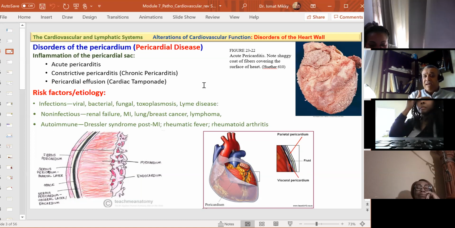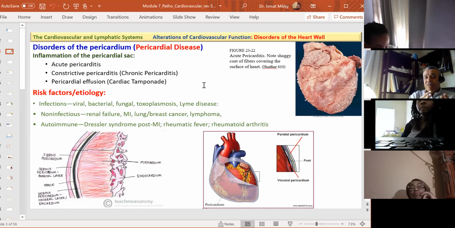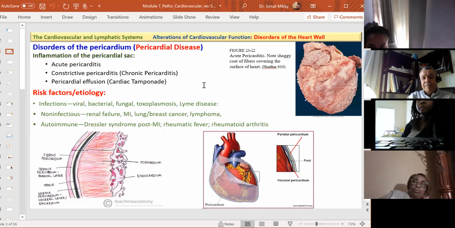Now, the risk factors can be infectious or non-infectious. The infections include viruses, bacteria, fungal infections, toxoplasmosis, and also Lyme disease.